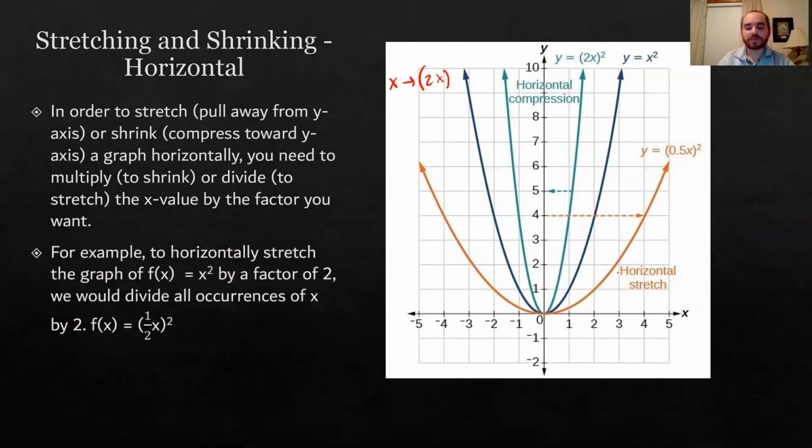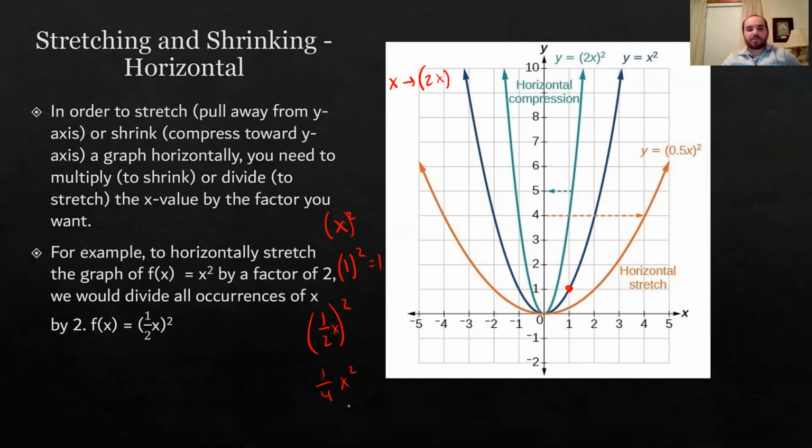The other way to think about this again is, let's say we look at the point (1, 1) on f of x equals x squared. If x equals 1, then we've got 1 squared, which equals 1. So at 1, f of x equals 1. If we want to stretch that, we do 1/2 x, so it's (1/2 x) squared, which is the same as 1/4 x squared.